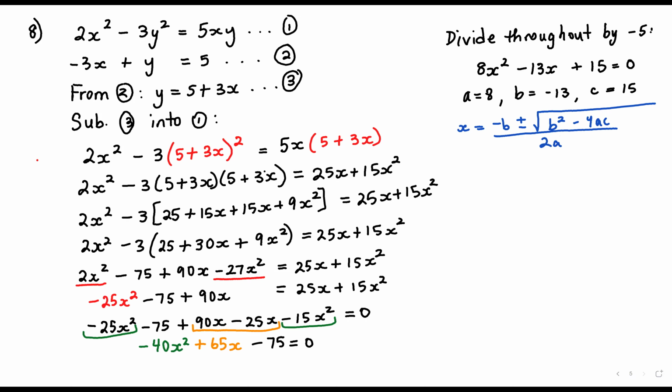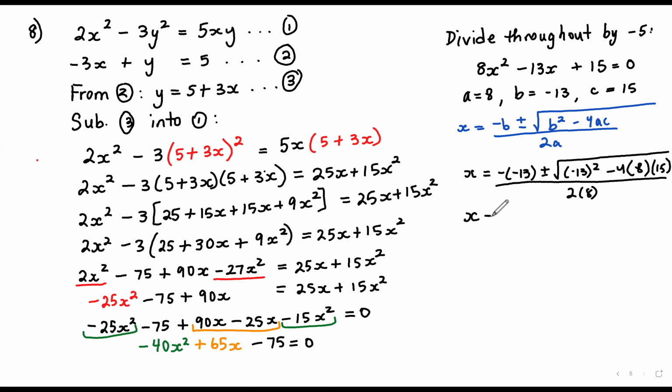So substituting my values in there, x will be equal to minus b, so minus 13, plus or minus the root of minus 13 squared, minus 4 times a, which is 8, times c, which is 15, all divided by 2 times a, which is 8.